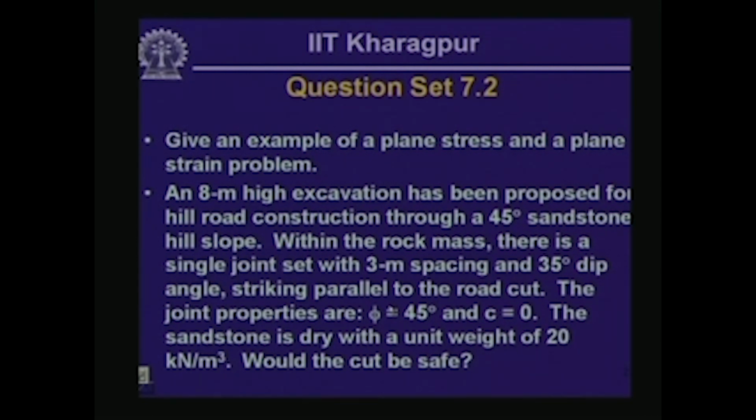The joint has got a 45-degree friction angle, and the cohesion intercept for the material within the joint is 0. The sandstone is dry with a unit weight of 20 kilonewton per meter cube. The question was whether the joint is going to be safe.